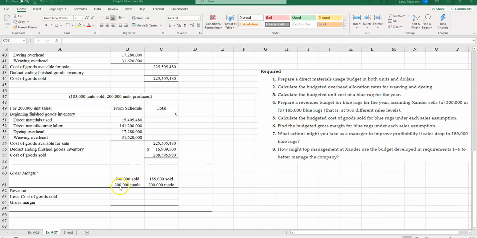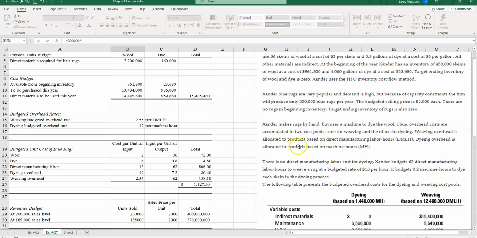So let's take a look at our revenues. Now, if I'm under this assumption that 200,000 rugs were sold and 200,000 rugs were made, how much is going to be my revenue? Well, if I'm going to sell 200,000, and what is my cost? What is the sales price of that rug?